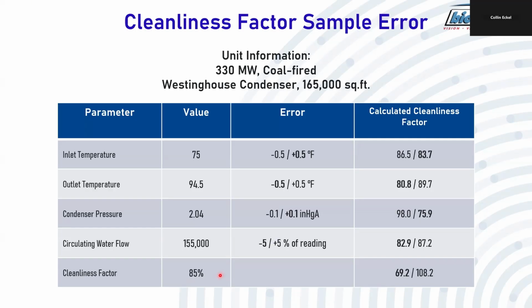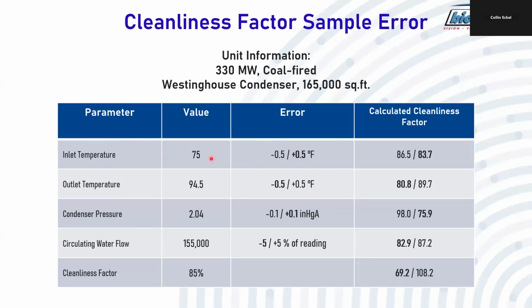The given values here in the second column, treated as the true measurements, will give a cleanliness factor of 85%. Now, if we look at each input and give them an error, we can rerun the calcs on each individual error and see the effect on cleanliness factor. The errors I picked here are not extraneously large based on my experience, so this is fairly representative of the type of errors you'll see in cleanliness factor.